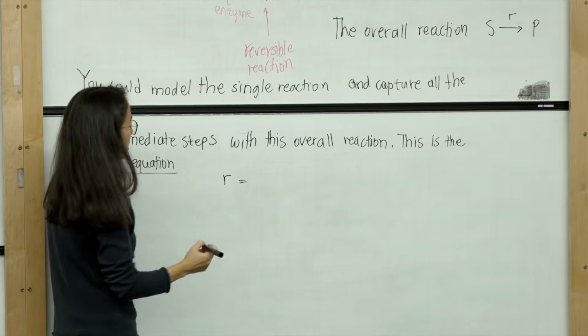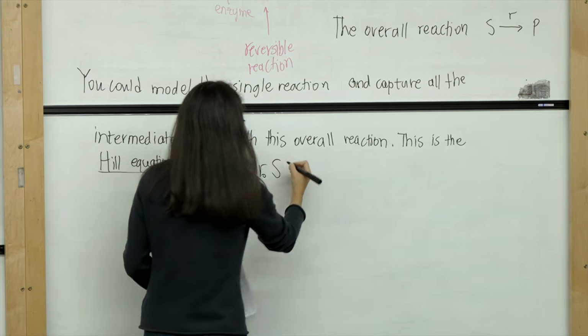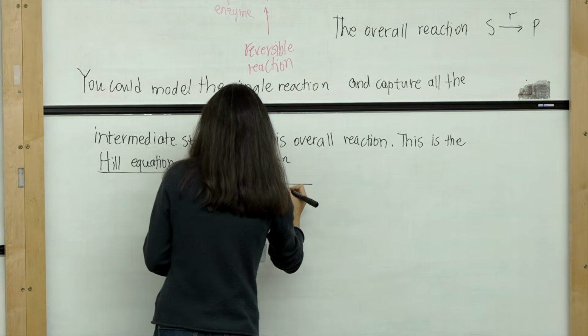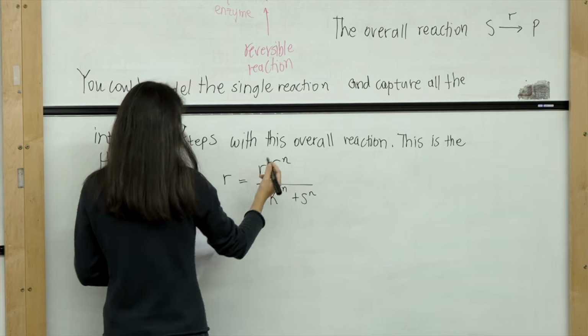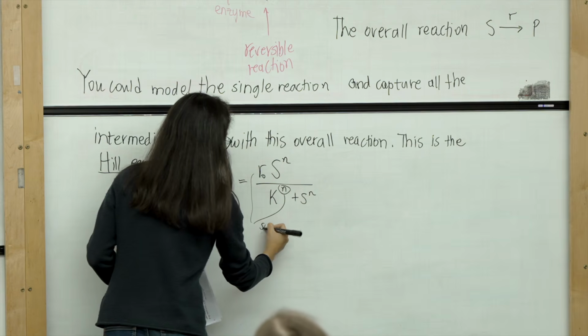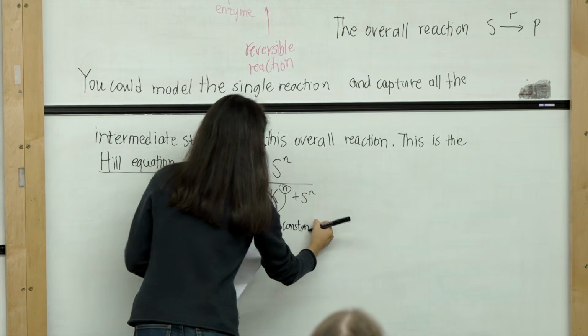So I have some initial rate R0, the substrate S raised to some power n, and then K^n plus S^n. And these are some constants. We will come back to this equation, so don't worry if it doesn't make sense for now.